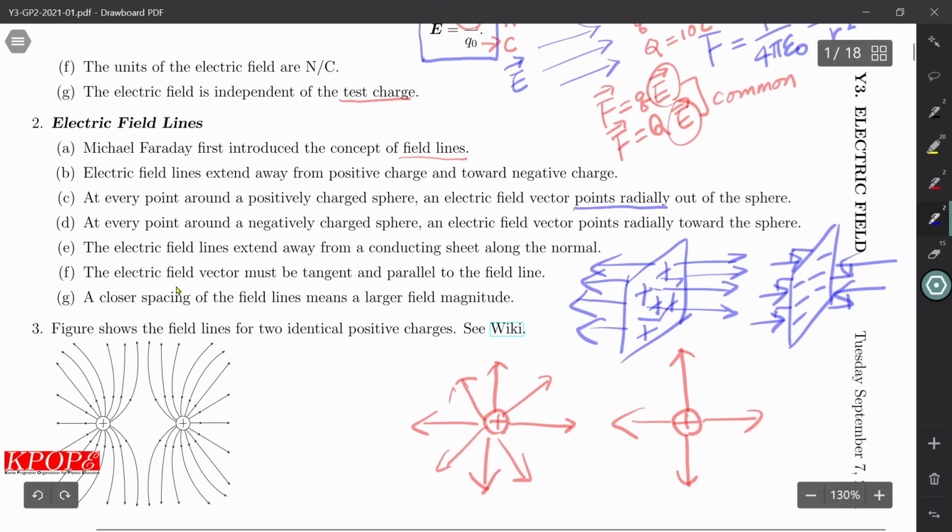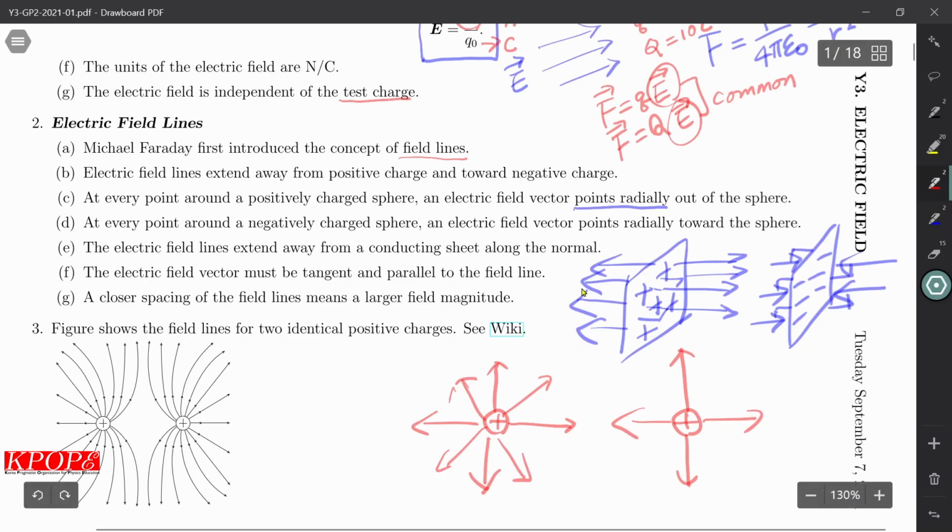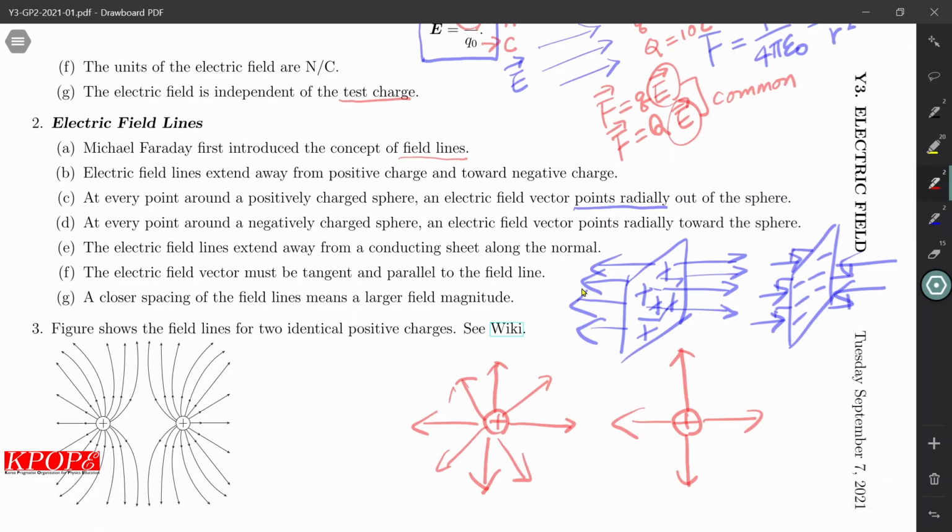The electric field vector must be tangent and parallel to the field line. Because electric field is additive, for example, if we consider these two positively charged sources of the electric field, the electric field is the sum of these two contributions.